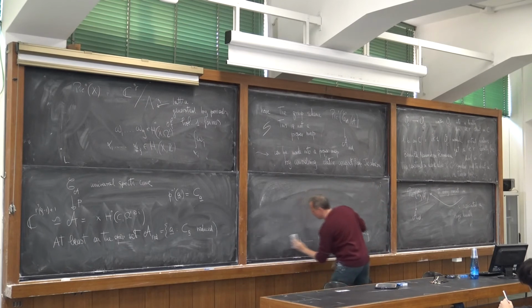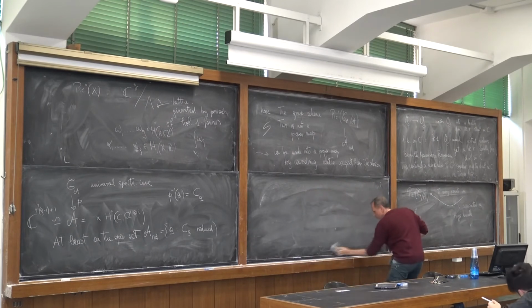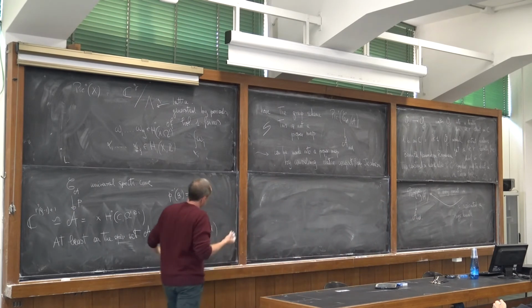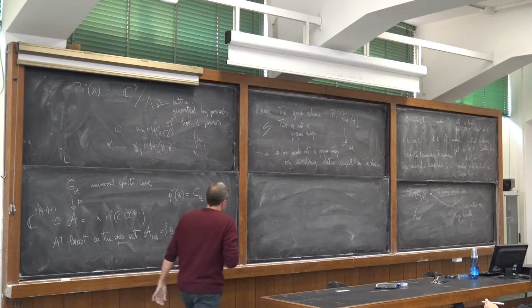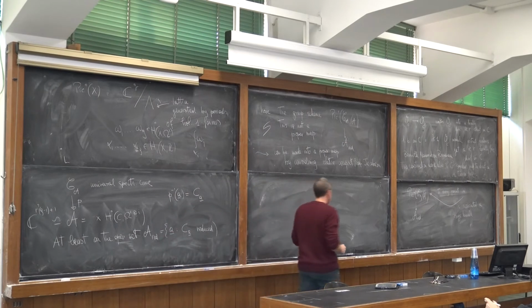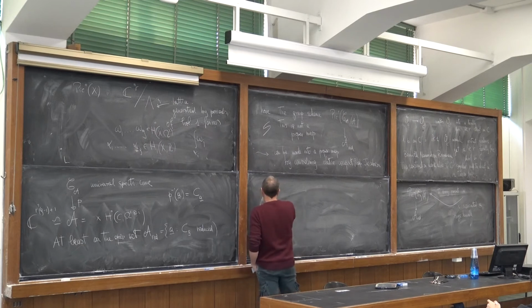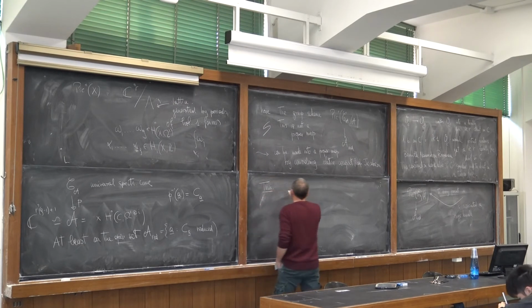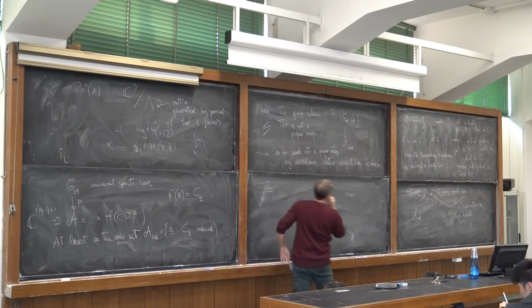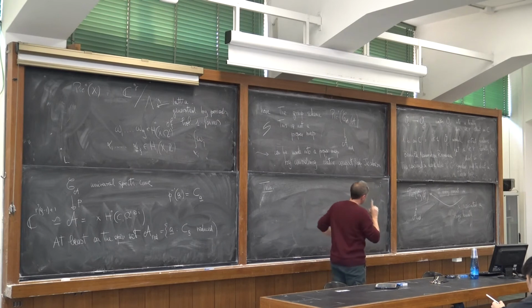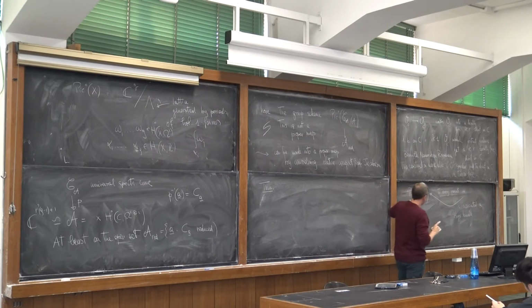Actually, the final result is due to many people. I mean, obviously, the most important contribution is by Nigel Hitchin himself. So there exists, so theorem, there exists, let me remark also this.